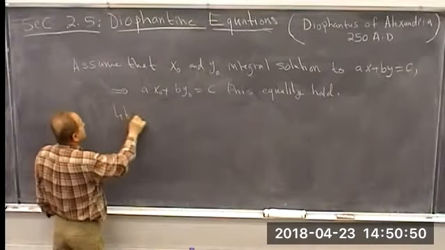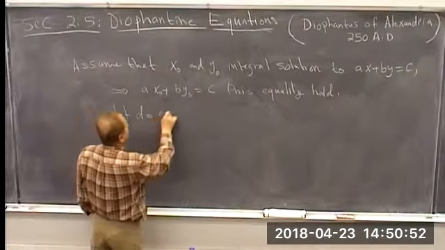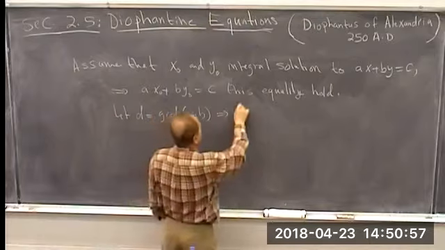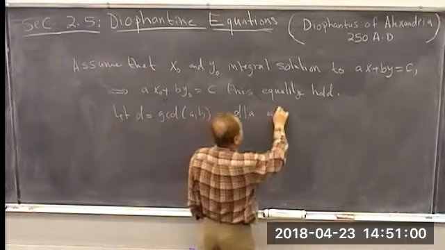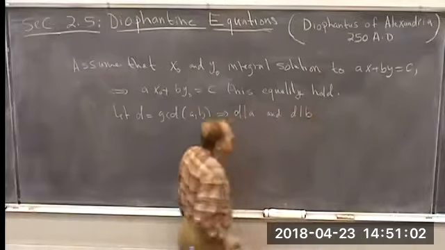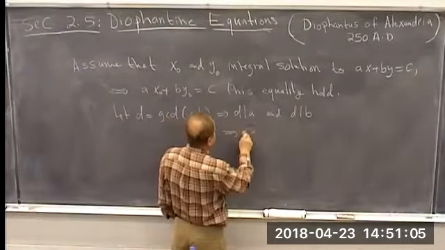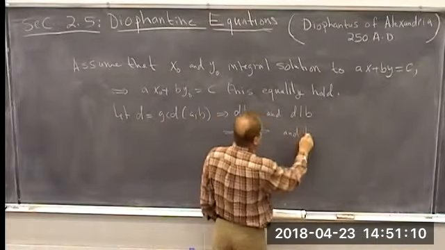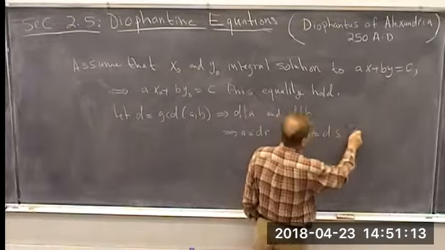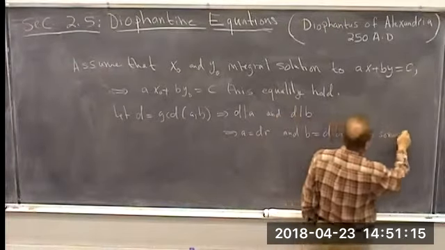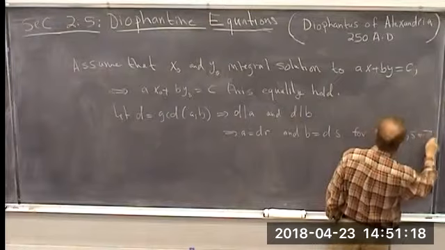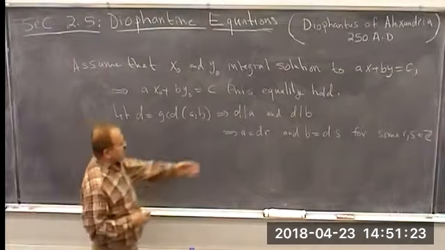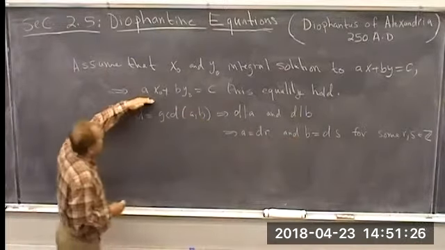let d be the greatest common divisor of a and b, and this implies that d divides a and d divides b. And this in itself implies that a is equal to dr and b equal to ds for some r, s in Z. Now let's substitute these values of a and b in this identity.